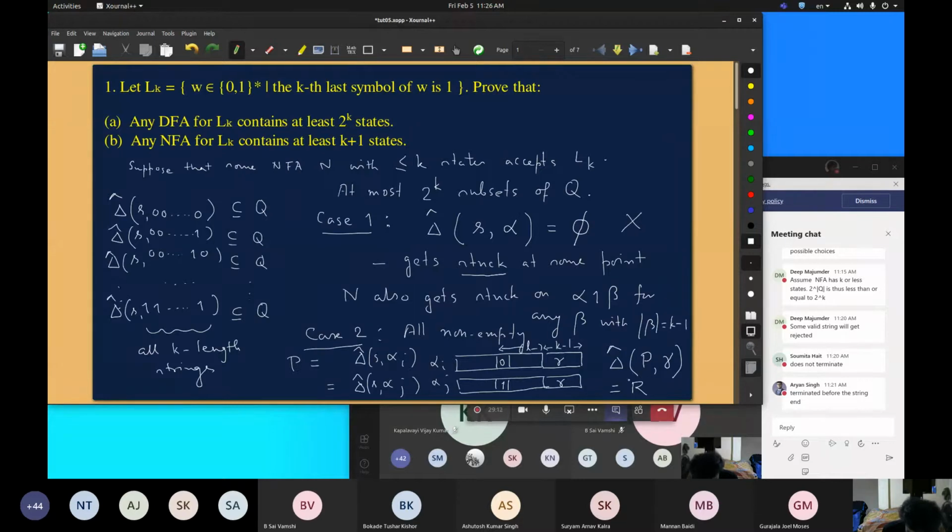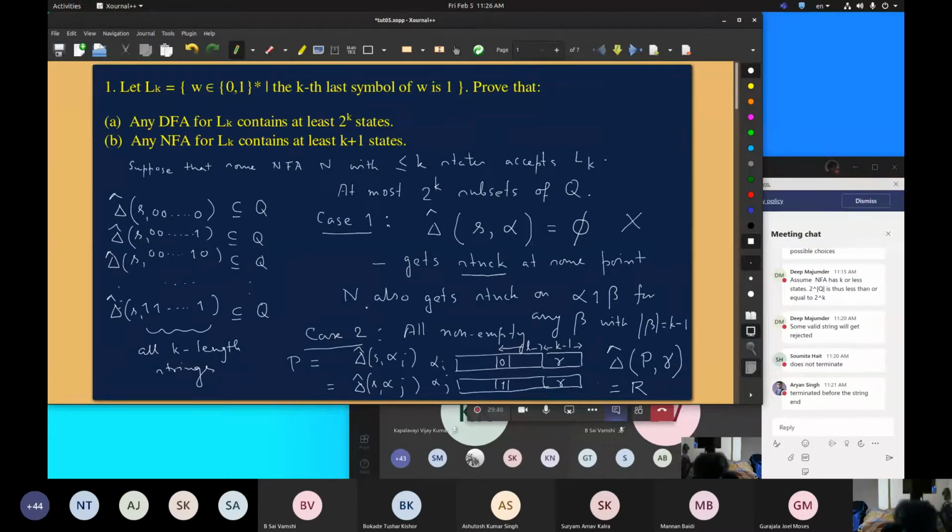If R contains a final state, then it accepts both this and this. If R does not contain a final state, then it does not accept this or this, both. So in either case, we have a contradiction. So that ends the proof.